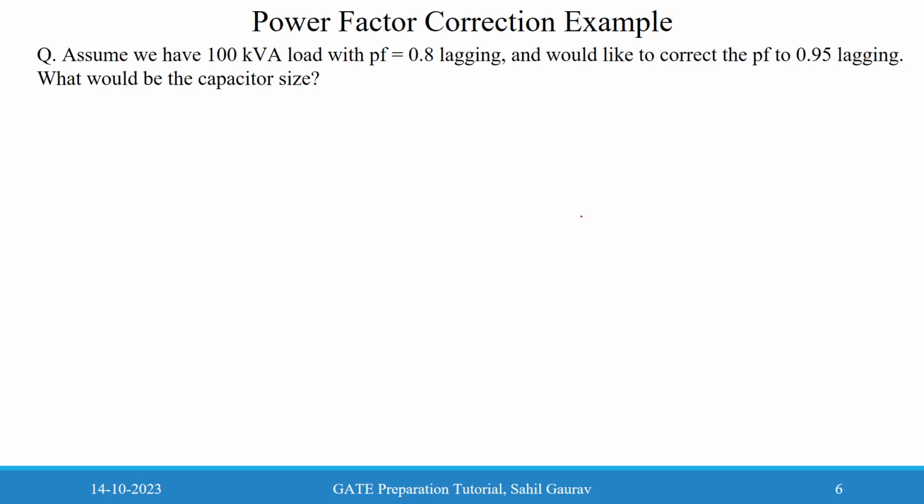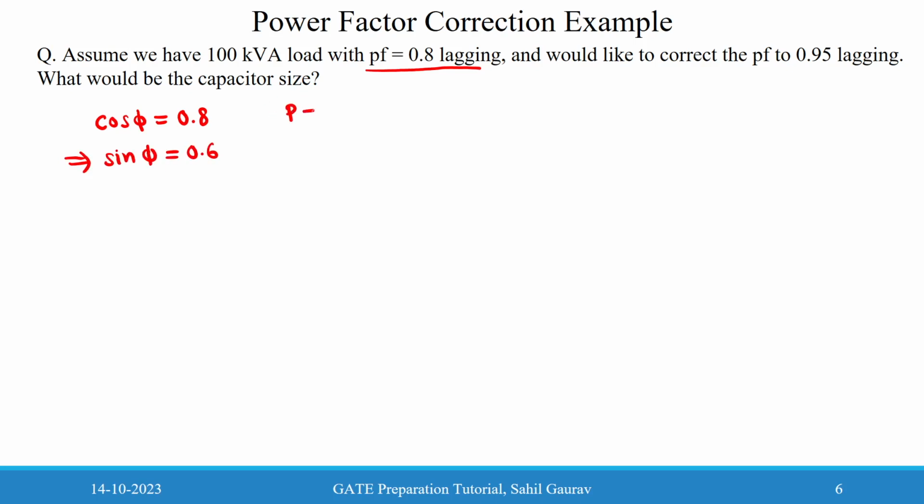So I would suggest that you first make the power triangle. The power factor is given as 0.8 lagging, so cos phi is 0.8. If cos phi is 0.8, then how much does sin phi become? It becomes 0.6.